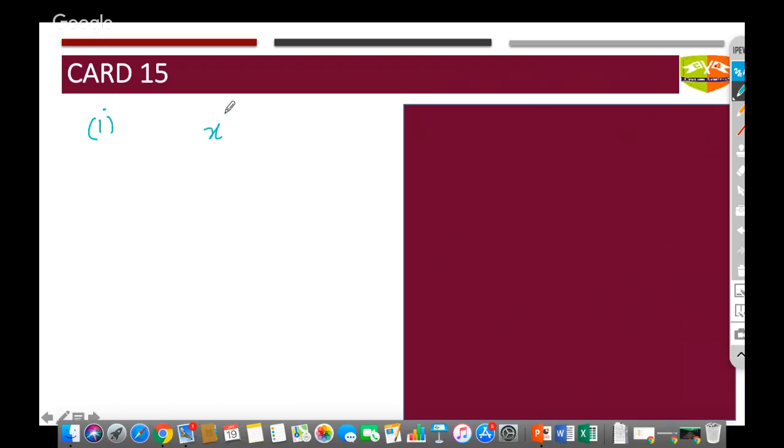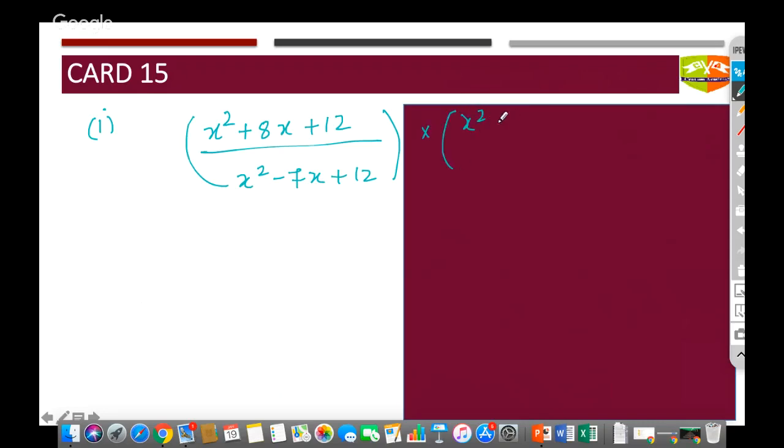I am taking the first question over here, and this is a CBSE question: x square plus 8x plus 12 divided by x square minus 7x plus 12 multiplied by x square plus 4x minus 12 divided by x square minus 5x plus 4, and I have to write it in simplest form.